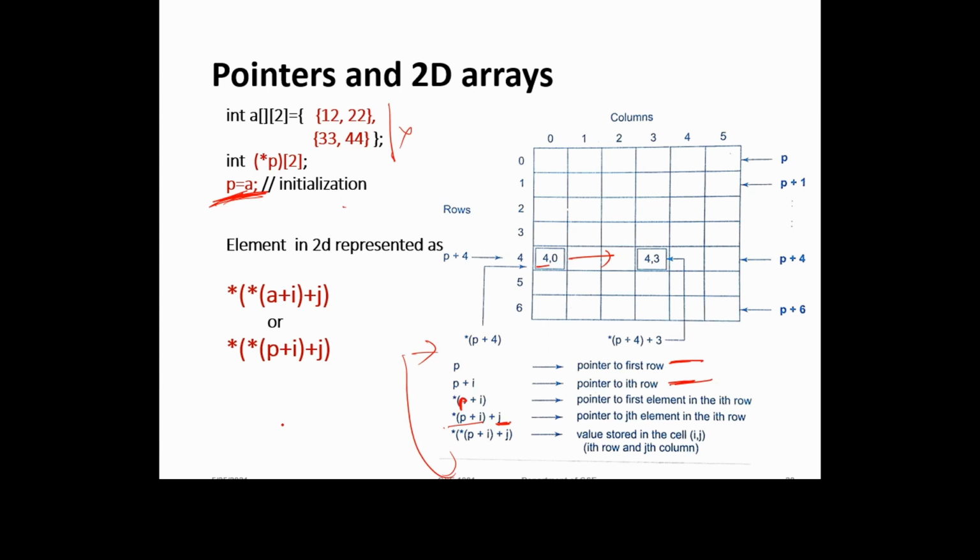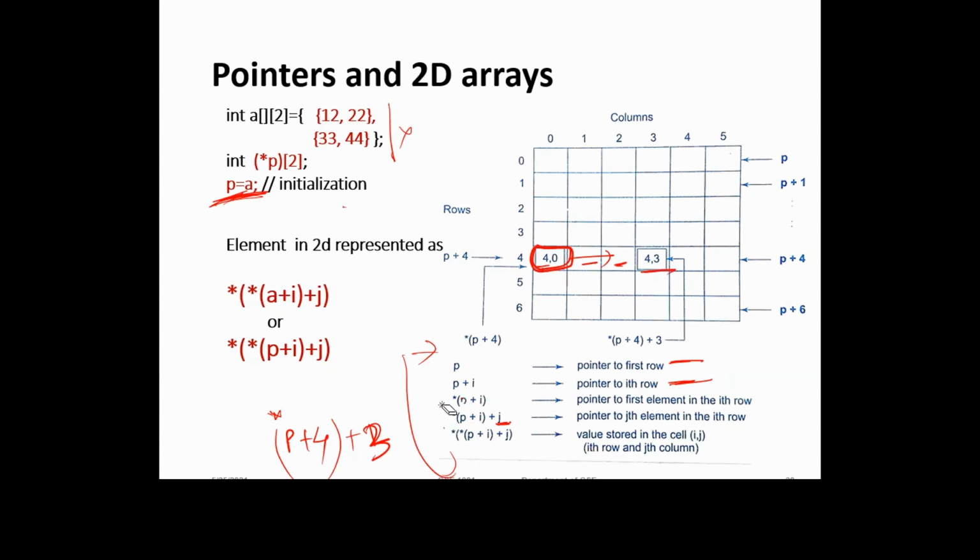So it will be like this. P plus 4 means we are at the fourth row, and if we are not adding anything here, then we have the address of this particular element, the zeroth element. If we add 1 here, then the first element, adding one more 1, then the second element, adding one more 1, then the third element.